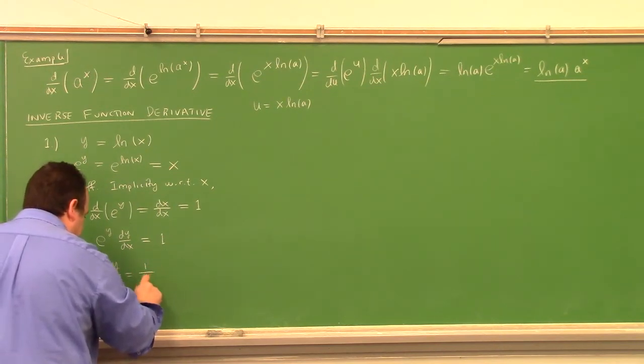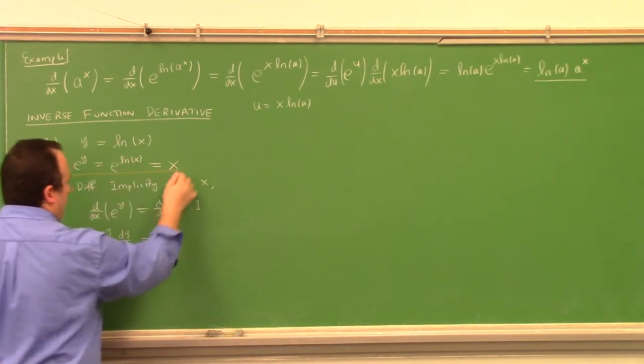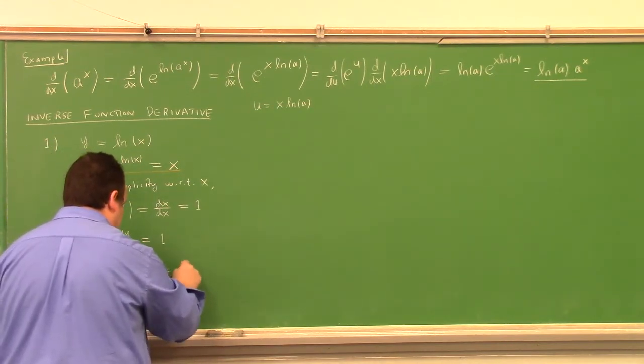One over e to the y. But what was e to the y equal to? It's up here. x, right? So we have dy/dx is equal to 1 over x.